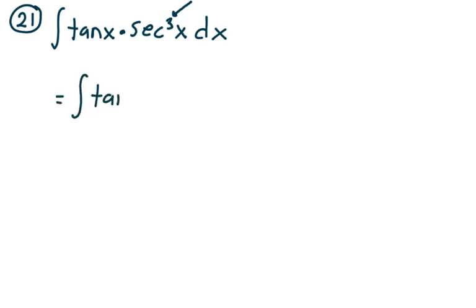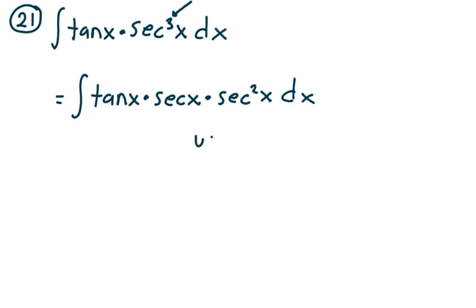And this is the integral of tangent x times secant cubed x dx. Now, I just happen to know that the derivative of secant x is secant x tangent x, right? So notice that the power of the secant is odd. That's good, right? Because I'm going to write this as tangent x times secant x times secant squared x dx.